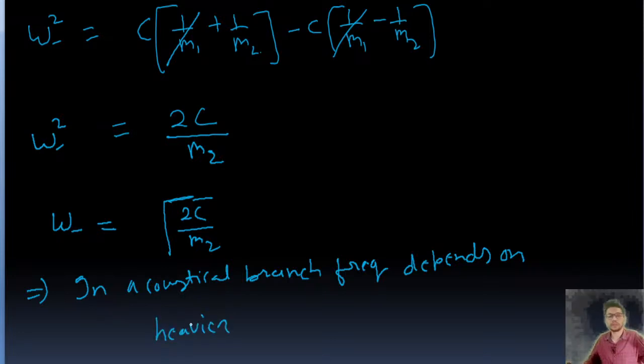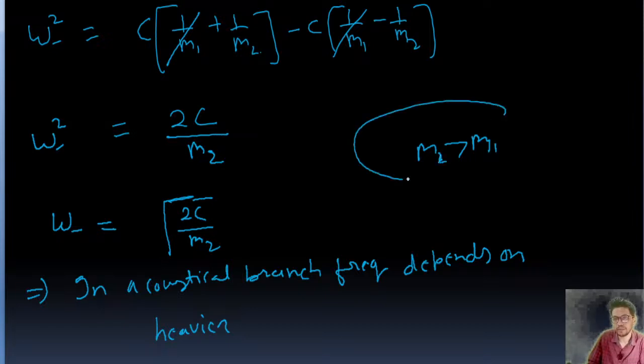In optical branch we have seen frequency depends on lighter mass, right? So in acoustical branch, frequency depends on heavier mass, because m2 is greater than m1. I have already mentioned that here. So in acoustical branch frequency depends on heavier mass.